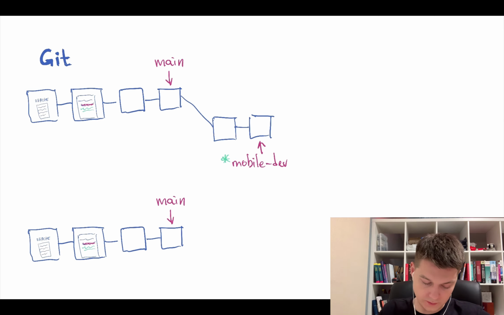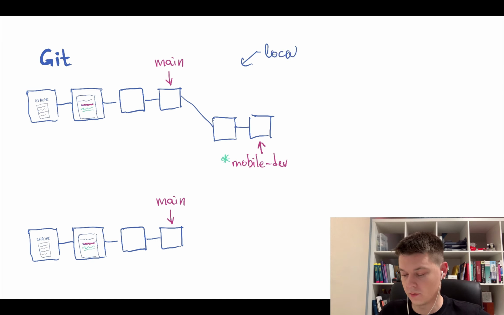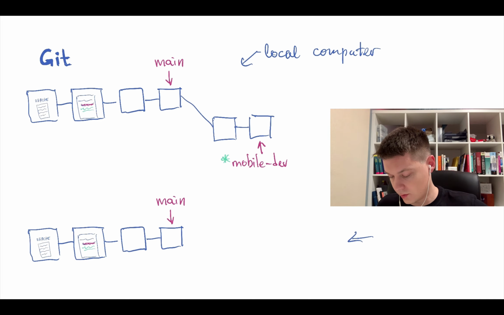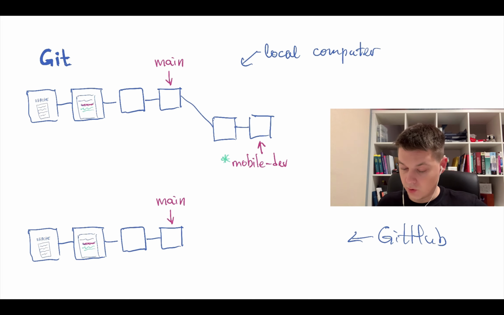Right, so maybe this repository on the top is stored on our local computer, and the repository below is stored on GitHub. You can notice that only one branch is stored right now, in the picture I just drew. On GitHub, only one branch is stored.